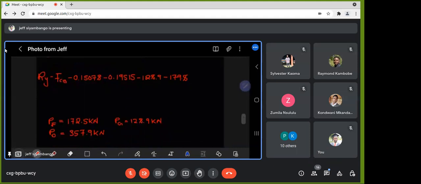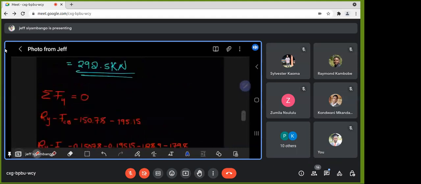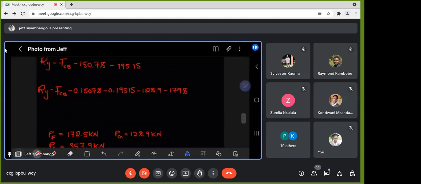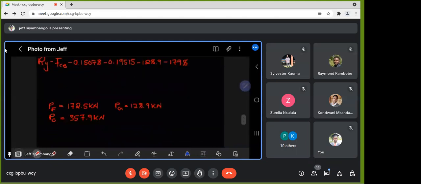The component of PD going down, you guys remember, PD in Y, we had PD cos theta. So let me just do PD cos theta. PD itself is 357.9. Then cos theta, that's cos 54.8. We have 206.